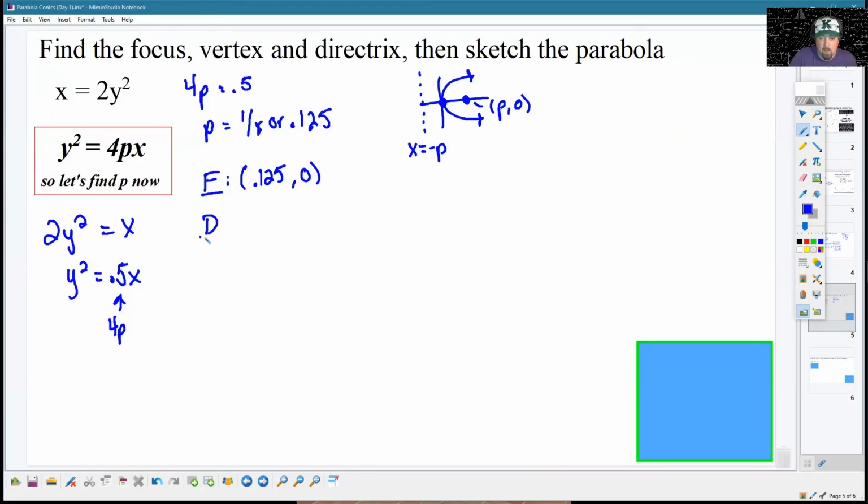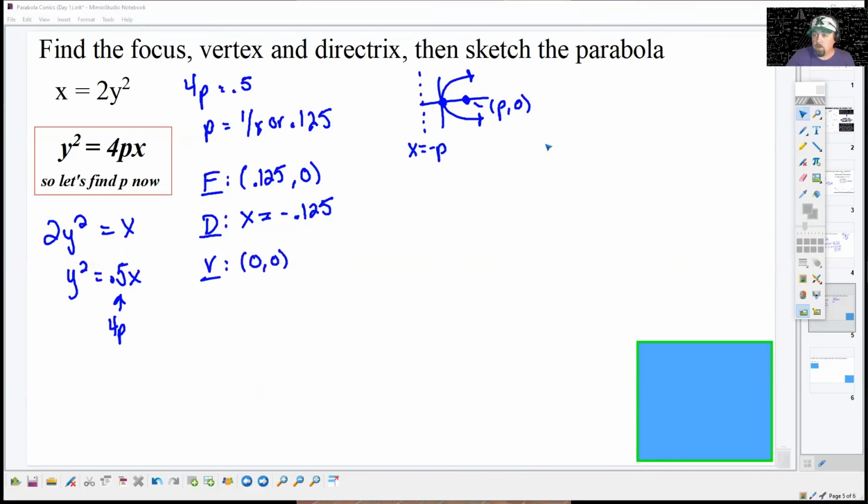Our directrix line is x equals negative p. So that's going to be x equals negative 0.125. And the vertex always starts at 0, 0.